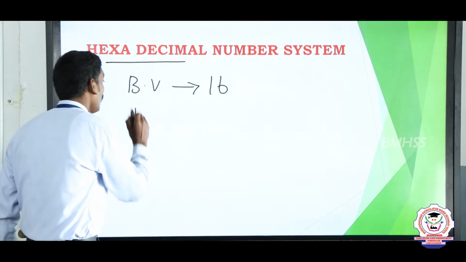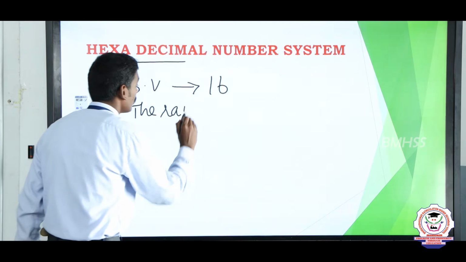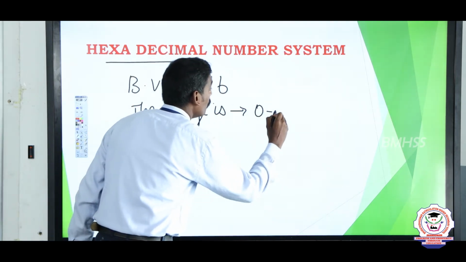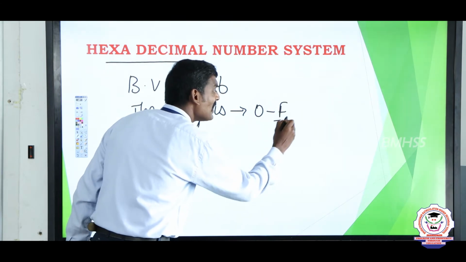How can the base value be 16? Because the range is 0 to F. What is meant by F?